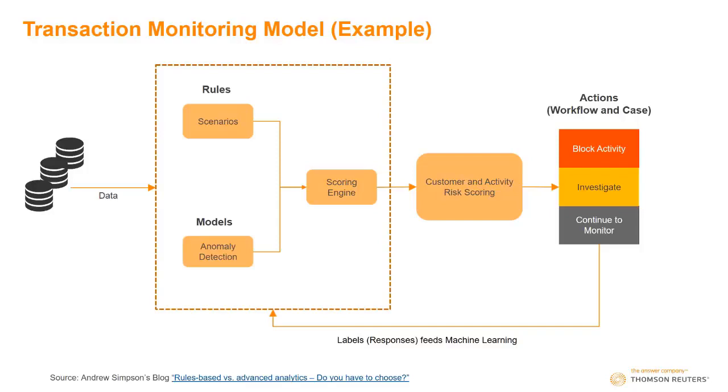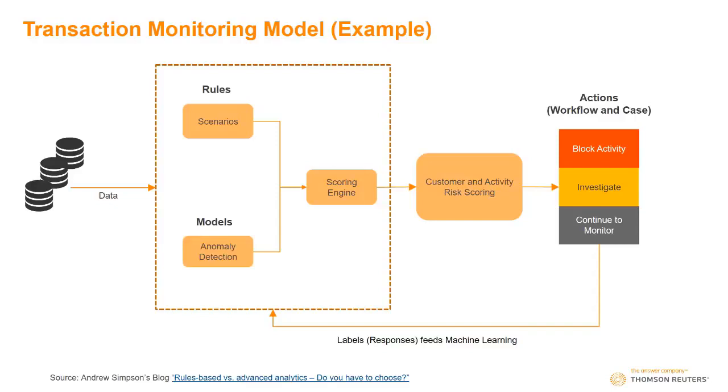In terms of the different actions, years ago, most people implemented transaction monitoring after the fact. But today, a lot of transaction monitoring systems, especially things like looking at payment transactions or wire transfers, are all being done in real time. And so the different actions that you can take vary based on the risk level.